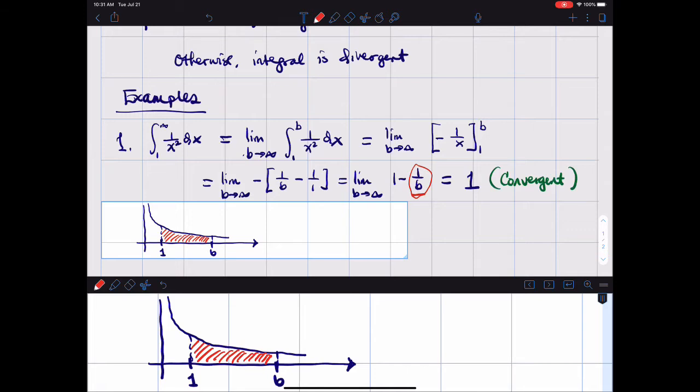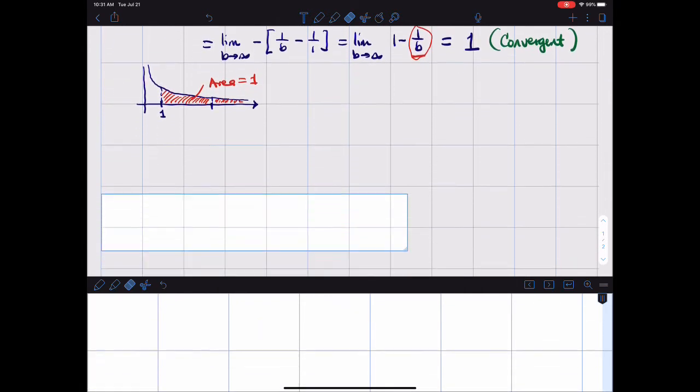You would think that if we keep summing up everything till infinity, the area under the curve is going to be infinite. But it turns out that the area is just 1. The whole area as b goes to infinity actually is equal to 1.